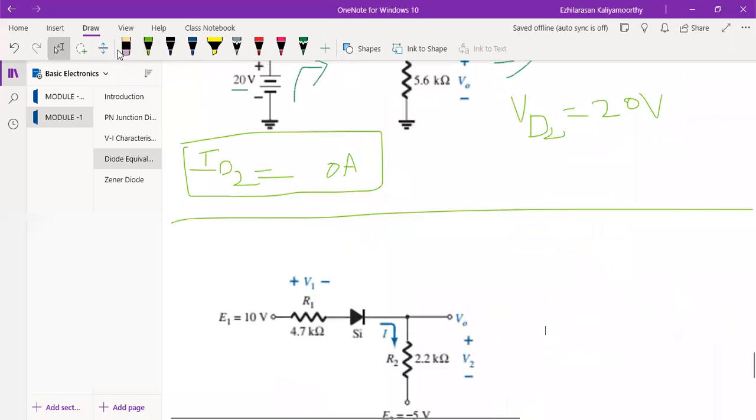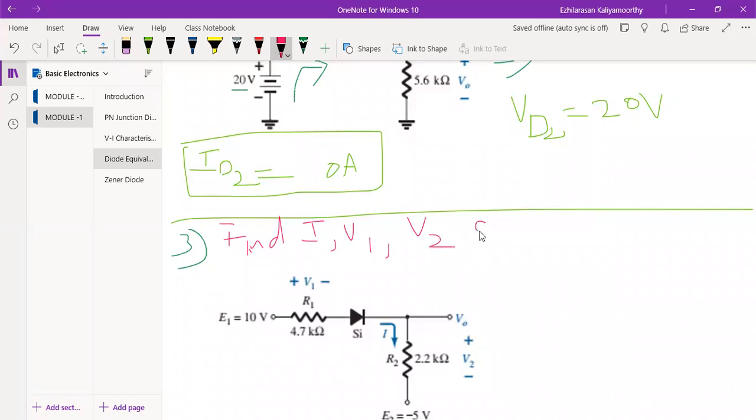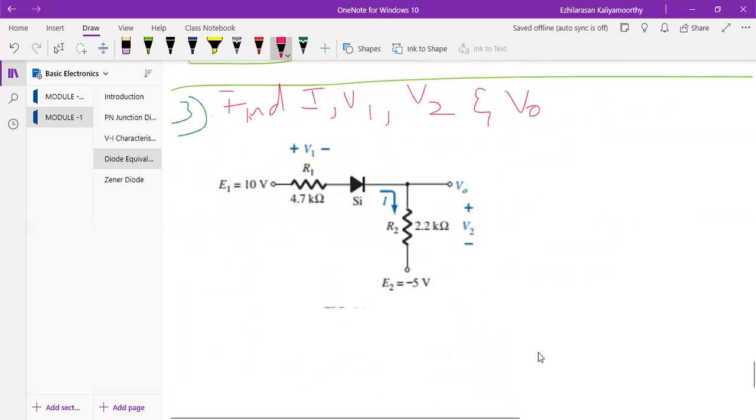Take this numerical. Find I, V1, V2 and V0.